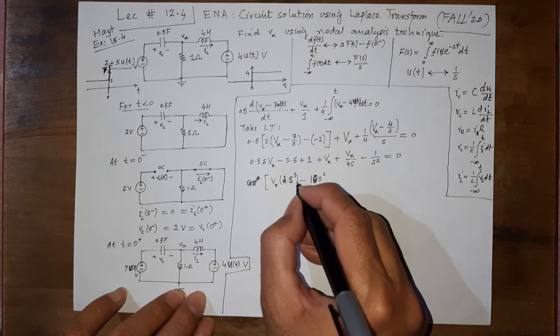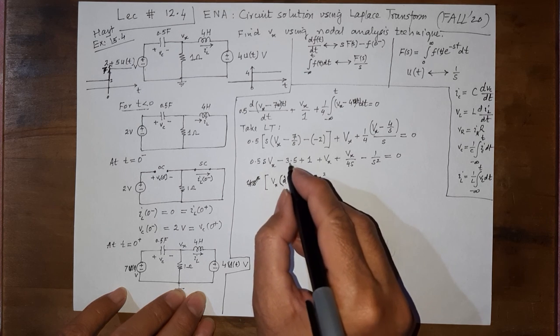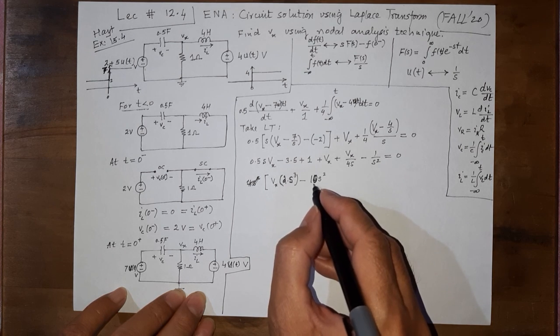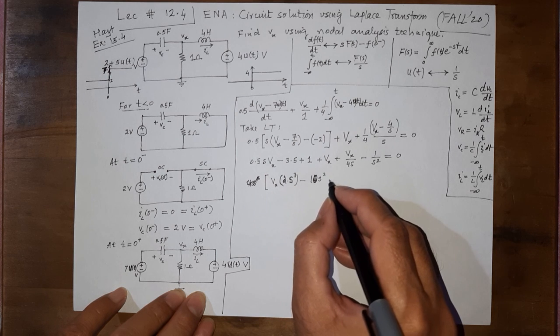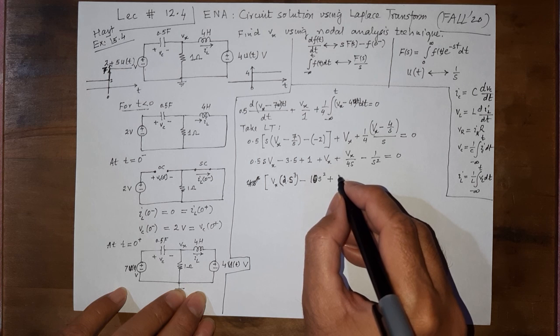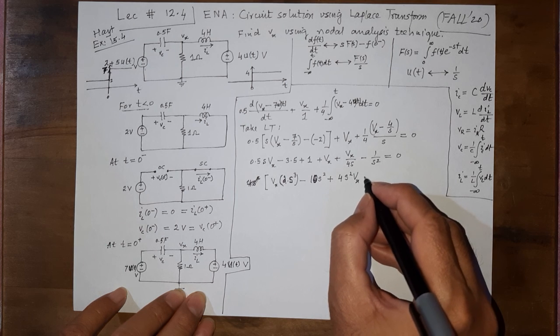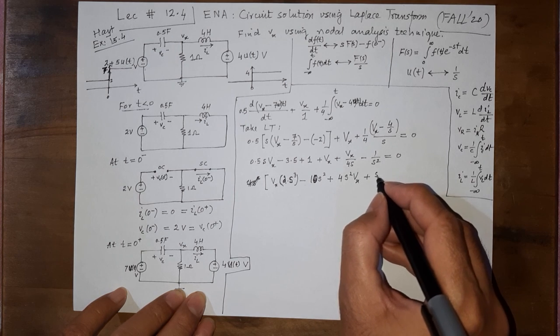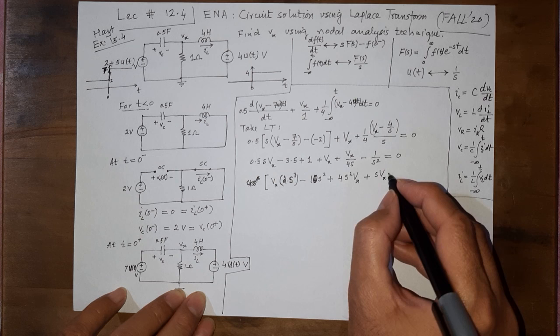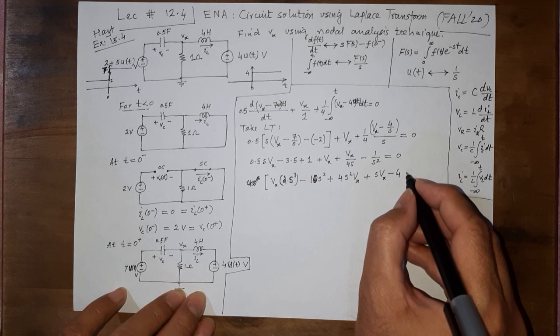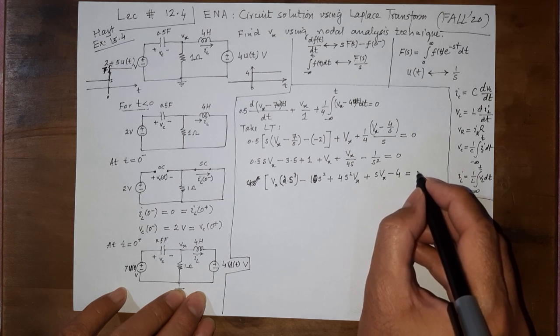No, I am doing it incorrectly because this does not have a Vx in it. So this is a separate term. So let us factor Vx out later on. So we are going to get 4s square Vx plus s Vx minus 4 is equal to 0.